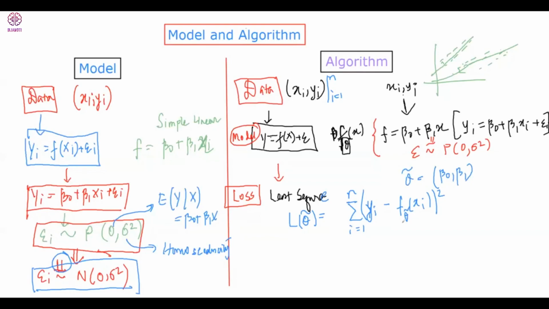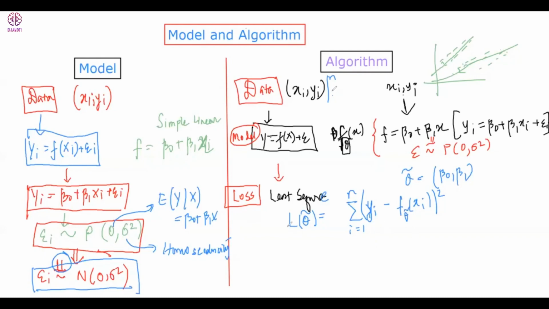For different theta we have different L theta. If we put in theta as 1, 2, we get a different loss. Because we know this yi and xi, essentially we are modeling the error sum of squares, the residual sum of squares. So we are minimizing this sum.